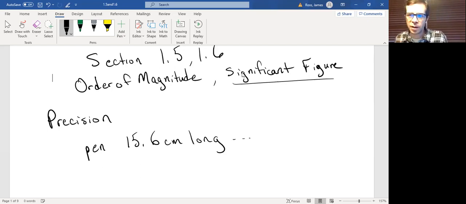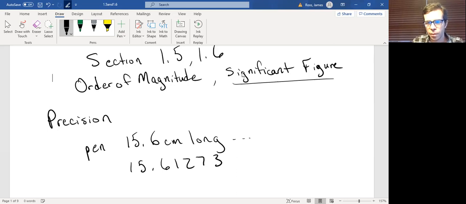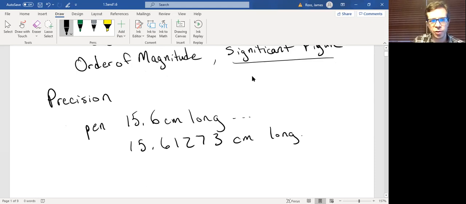All right, so that's fairly believable. Now, what if I took this same ruler and I said, my pen is 15.61273 centimeters long? Do you think that I can determine that with this ruler? All right, so this is the idea of precision. How many places do I know the value to?